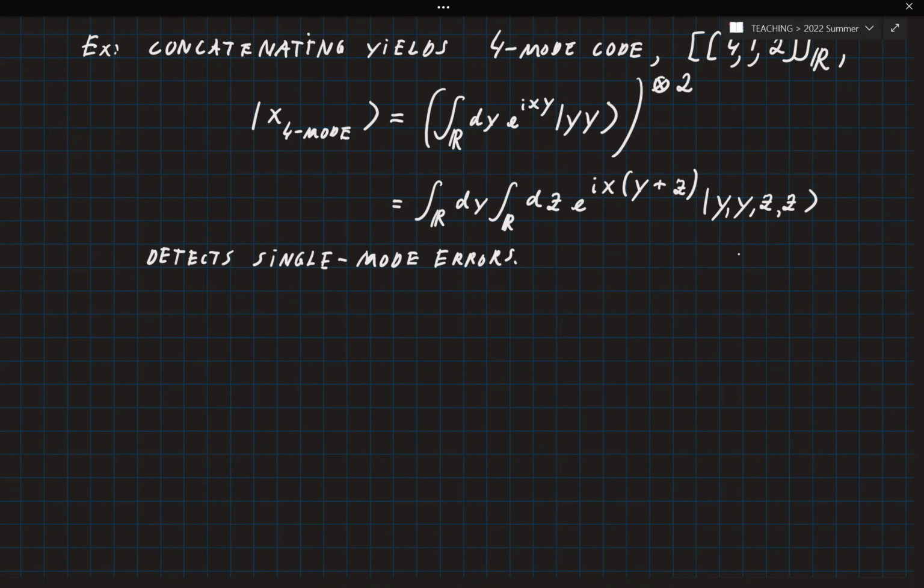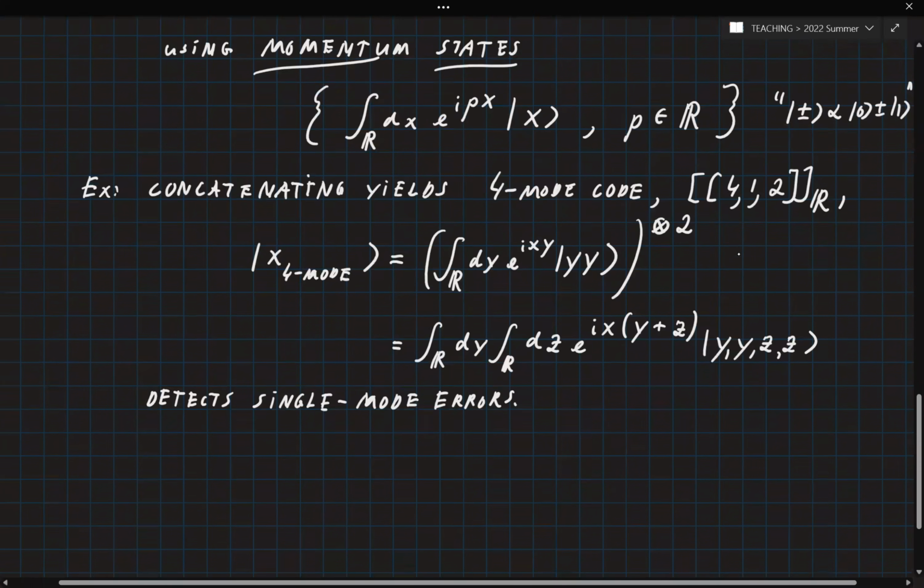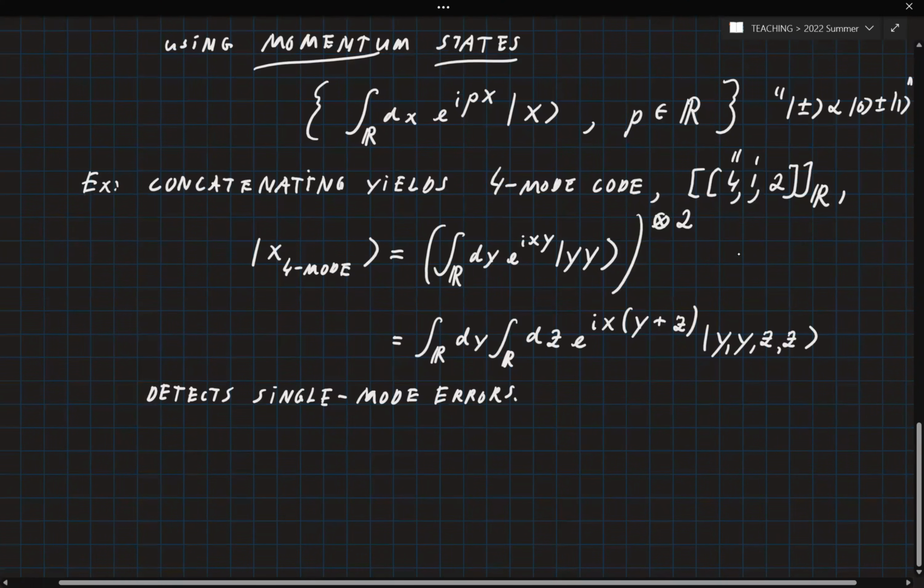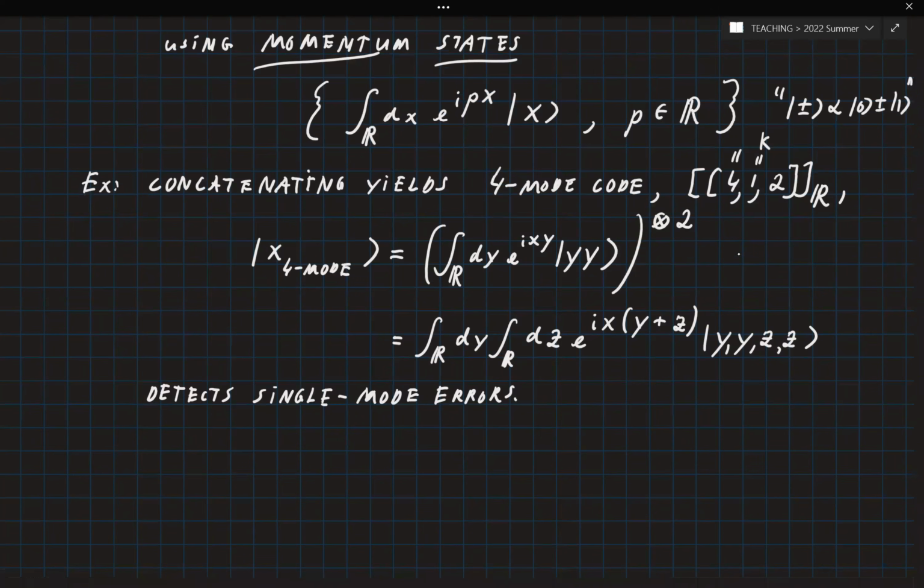Yeah. One question. Unfortunately, I wasn't there last week, but how did we come up with this 412 code? Good. So the 412 code encodes one, this is n,k,d notation, where k is one logical mode into n equals 4 physical modes. It's a 4-mode code, right? 1, 2, 3, 4. And it detects any single mode error, and the number of mode errors it detects plus 1 is called the distance. So its distance is 2.